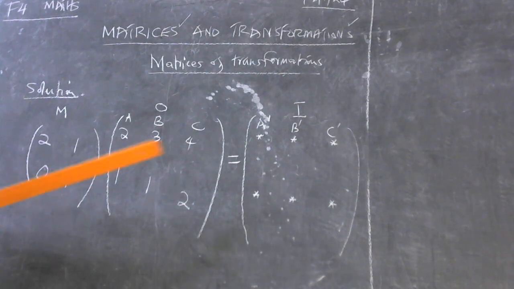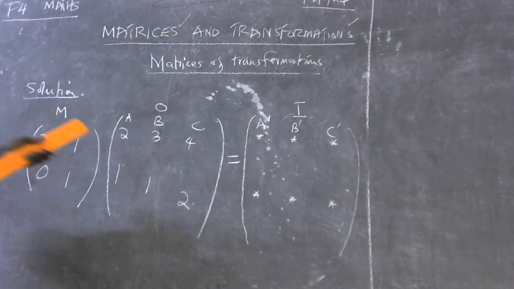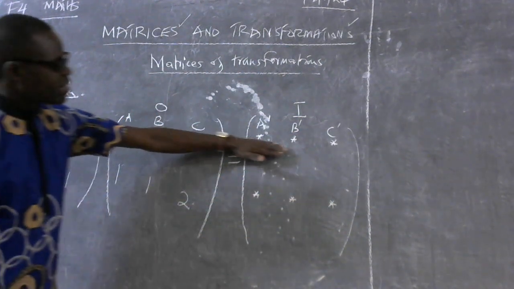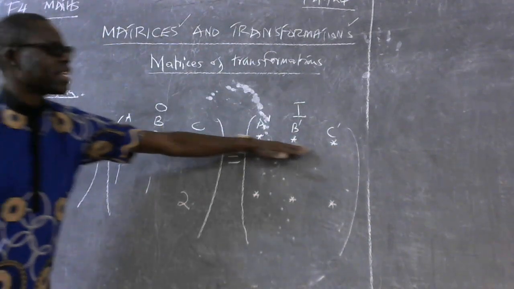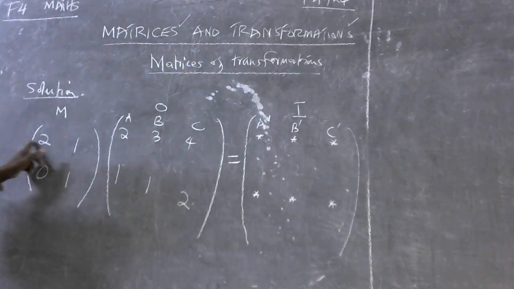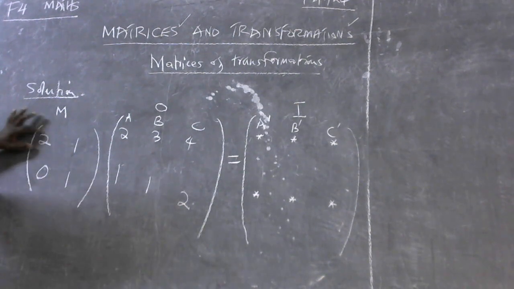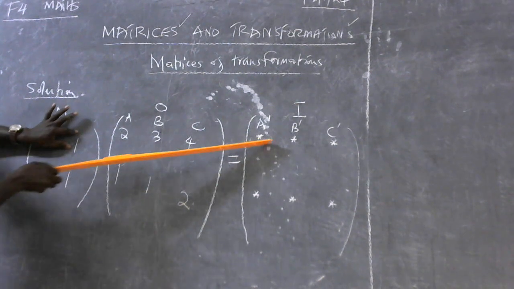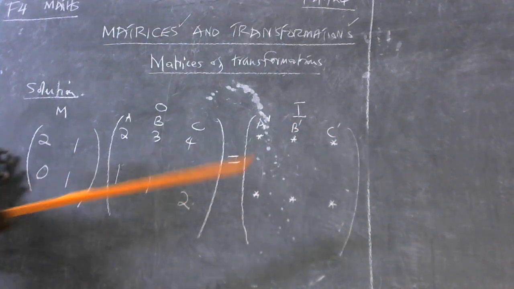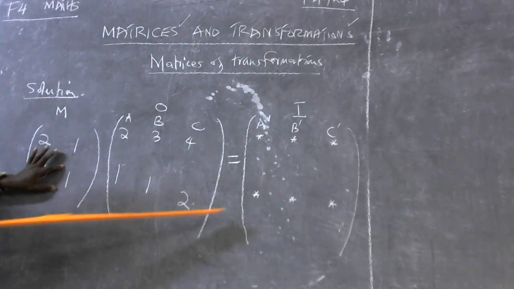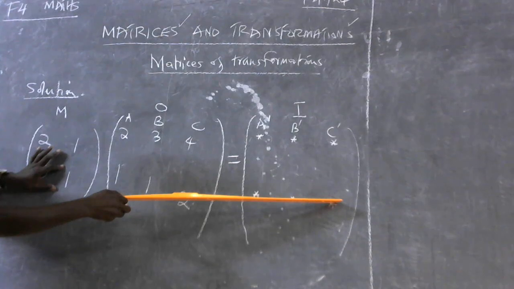So when I want to fill this one, the upper parts, I will use these ones to fill the upper part. I will use the lower part to fill the lower part.